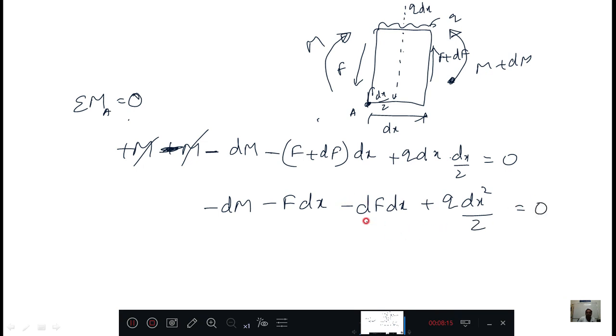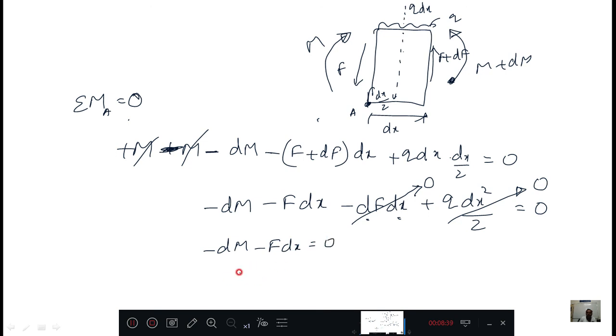Look here, dF is small and dx is small, and the multiplication of these two will be very small, therefore neglected. dx is small and its square is again very small, divided by 2 is again small, therefore neglected. Then what is left is minus dM minus F dx equal to 0.